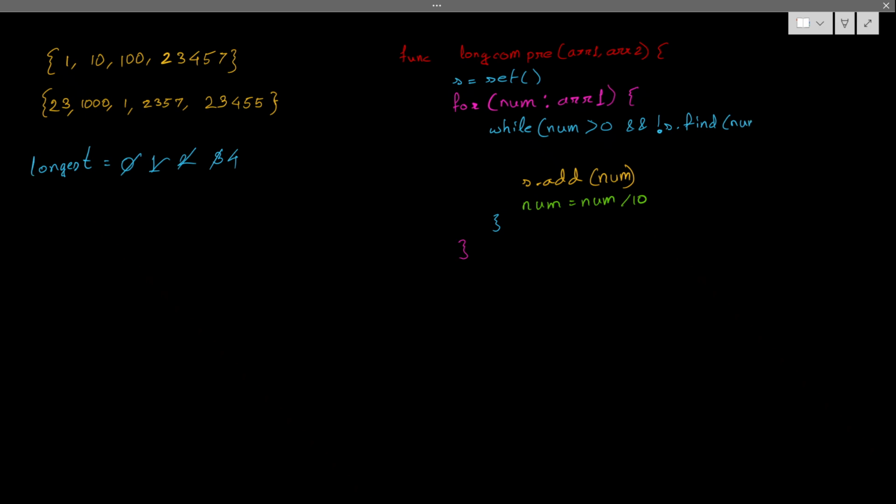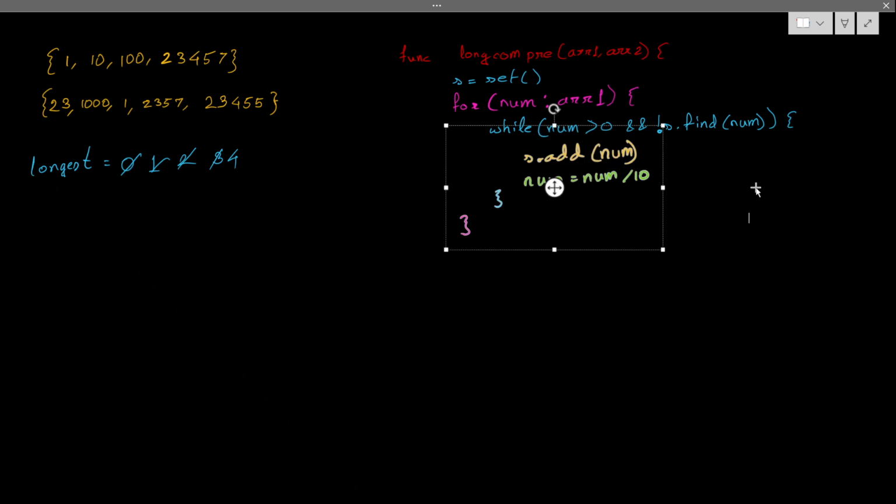Find of number num. If it is not present, then we'll add it into the set. Correct. Simple. This is how we will create our unique set of prefixes. Okay. Now, hope up to this it is clear.